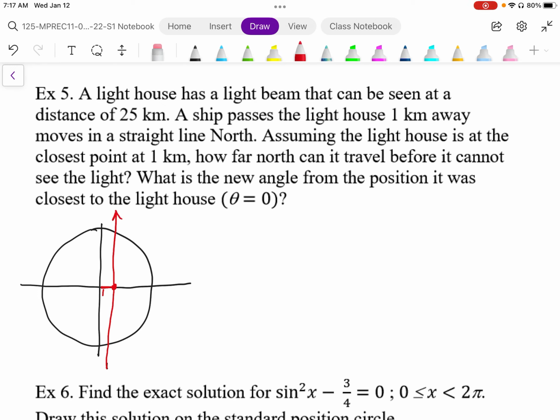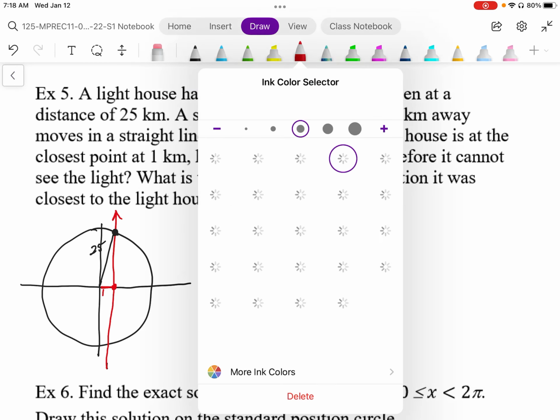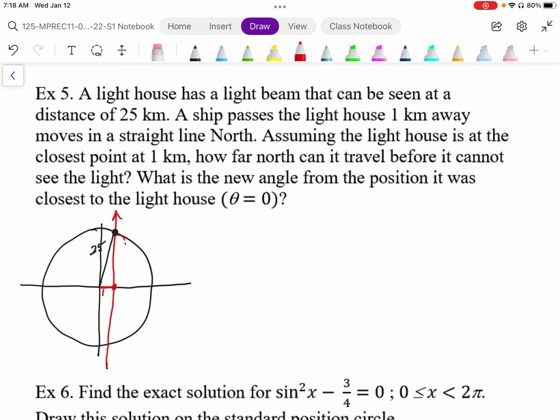Okay, so assuming the lighthouse is at the closest point at 1 kilometer, so the closest point is going to be there, we want to know how far north can it travel before it cannot see the light. So it's going to be basically traveling to that point right there. So there's my 25-kilometer range, and we want to know how far north we can travel. So we want to find this vertical distance here.